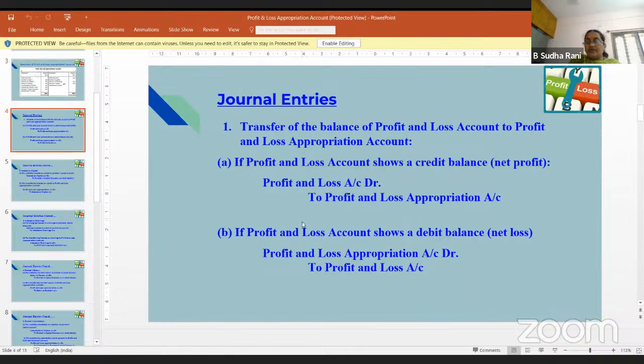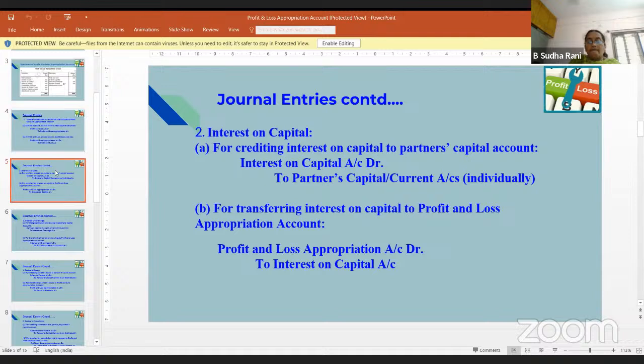Profit and loss account debit to profit and loss appropriation account. And here you see, done. So interest on capital is on the debit side, so it is credited here.